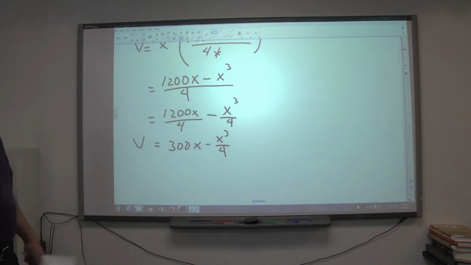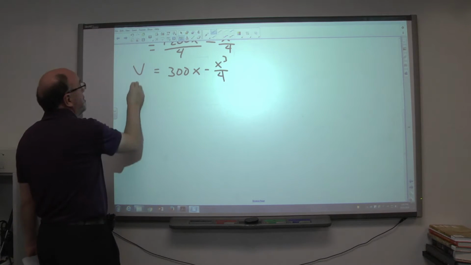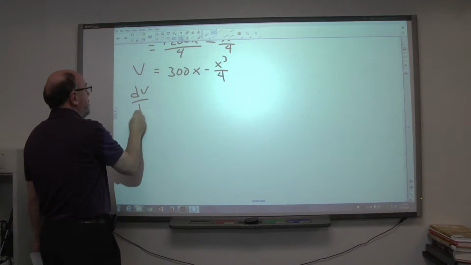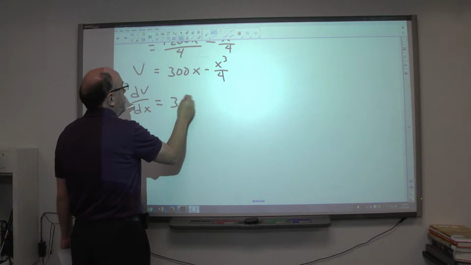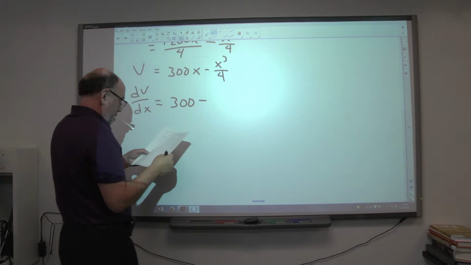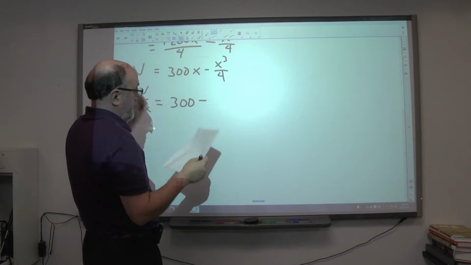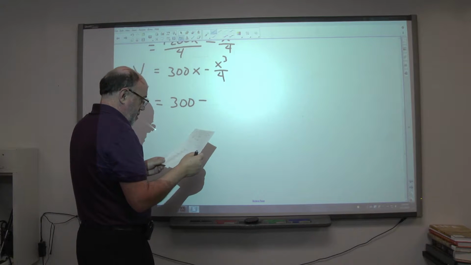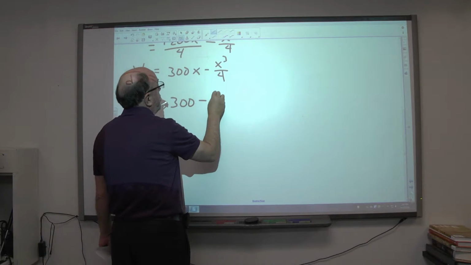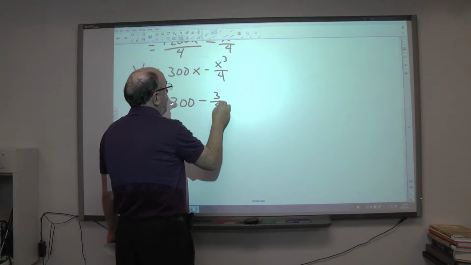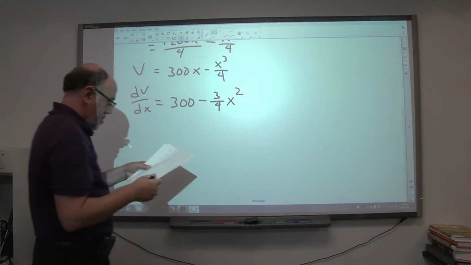Now again, we want to take our derivative. So we're going to take the derivative with respect to x. So dV/dx. This will be 300, and this will give us 3/4 x squared.